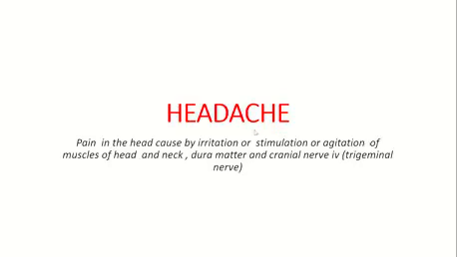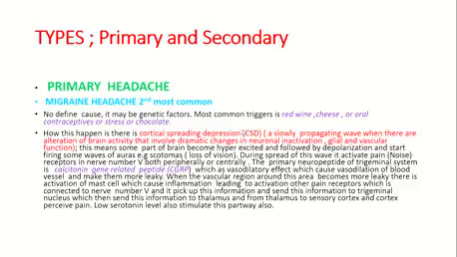So let's proceed and look at the different types of headache. We have primary headache, and the first one we're going to look at is migraine headache. Migraine headache does not have a defined cause, but it is believed that some cases are caused by genetic factors.